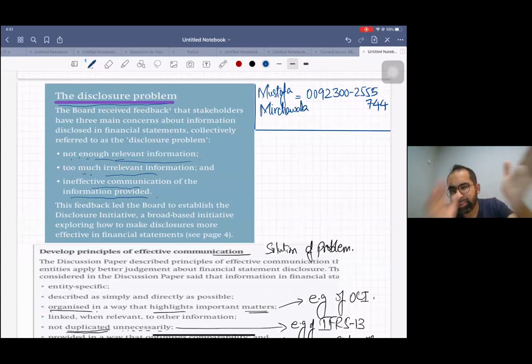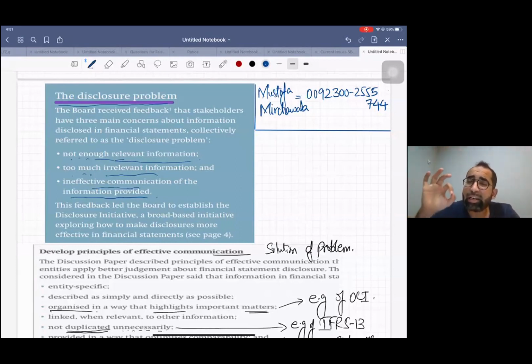Because in the past it happened that when the financial statement had fewer disclosures, there were cases against the accountant. So basically they want to protect themselves from legal litigation issues. That's why they do detailed disclosure accounting.